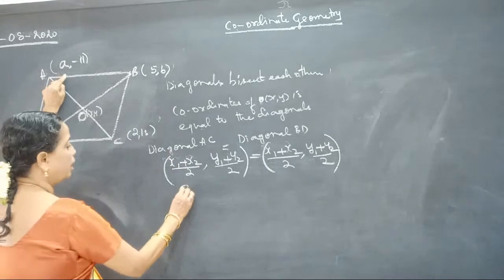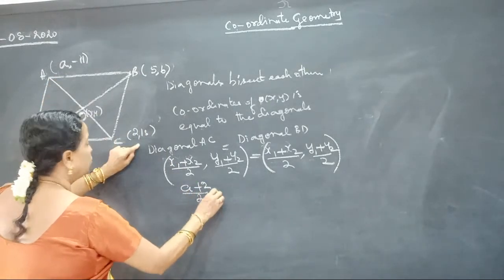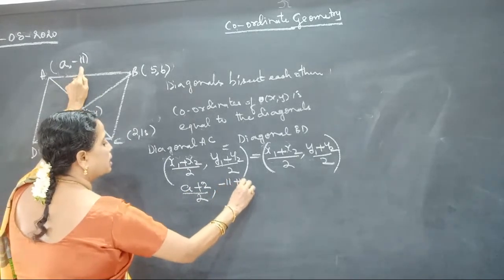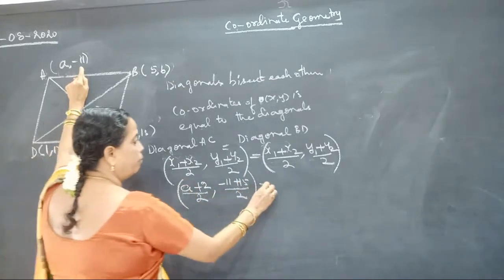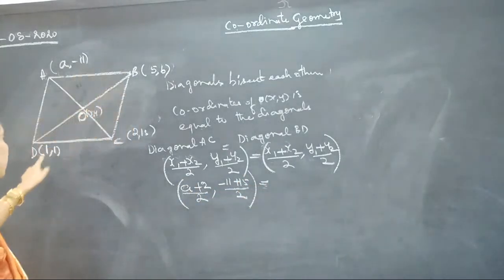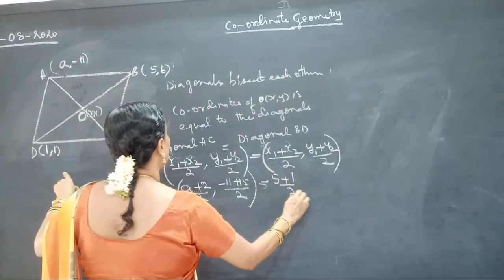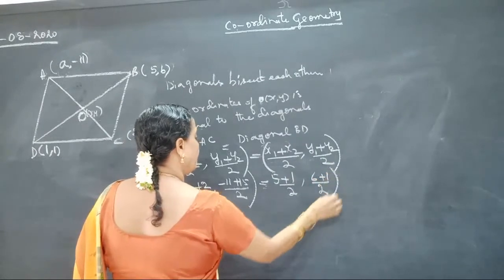Now x1 is a, x2 is 2, by 2. Then minus 11 plus 15 by 2. Same thing for diagonal BD: 5 plus 1 by 2, b plus 1 by 2.